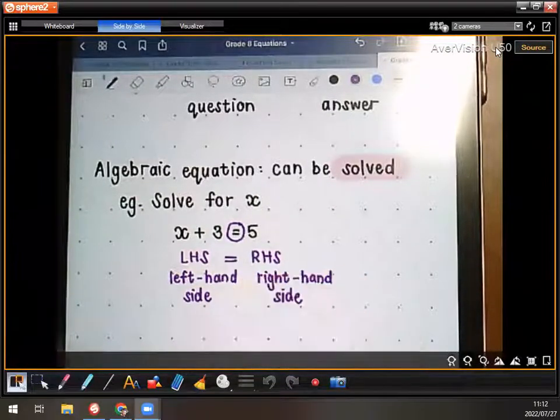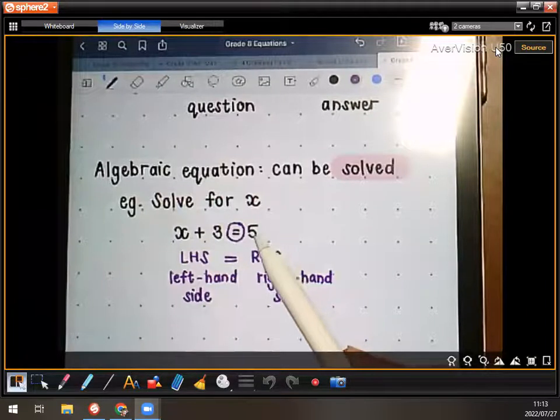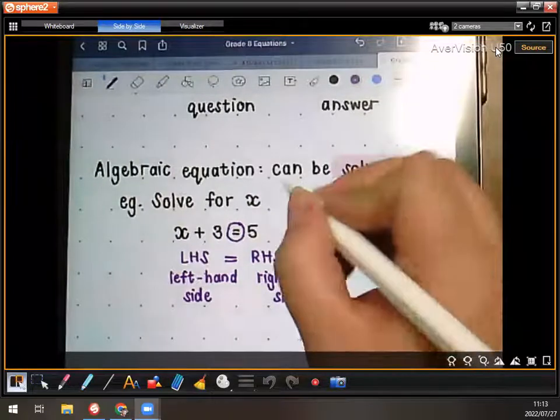And what we have in between the two sides of this equation is an equal sign. Right? The equation means that whatever you have on the left of this equal sign has to have the same value as what is on the right. So if I'm asking you to solve for X, what does that actually mean?